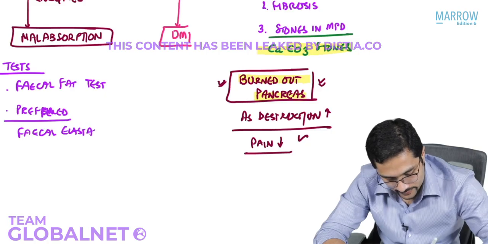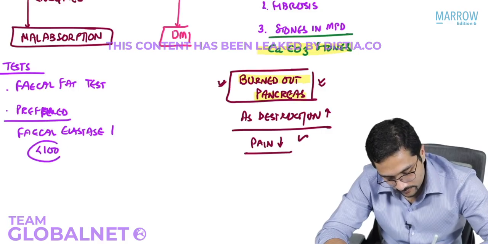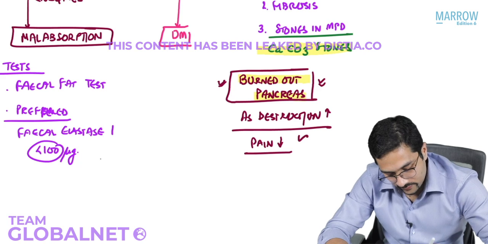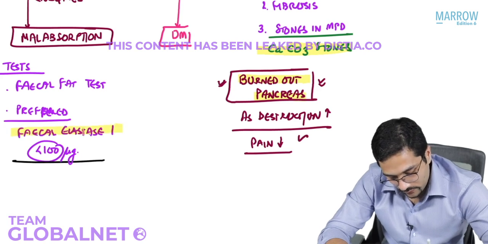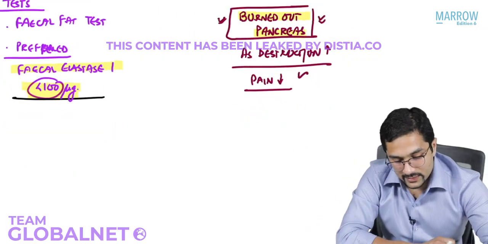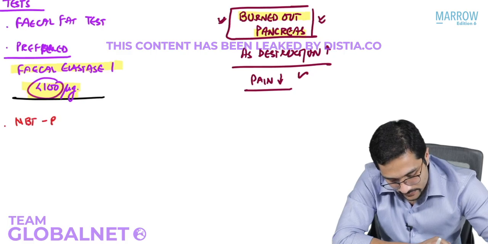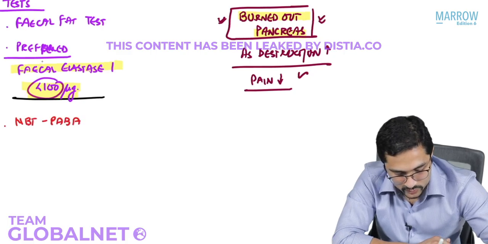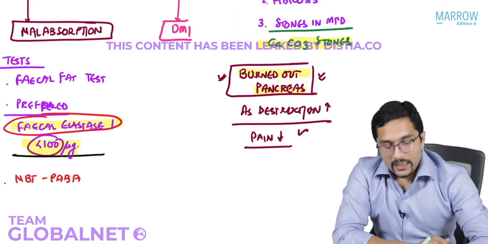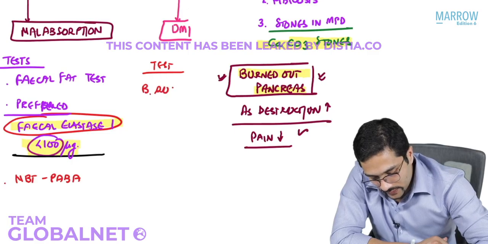If the value of fecal elastase 1 is less than 100 micrograms, then it is suggestive of malabsorption. The NBT-PABA test can also be done, but the preferred test, like I told you, is the fecal elastase 1 test. For diabetes, we will of course check blood sugar and insulin values.